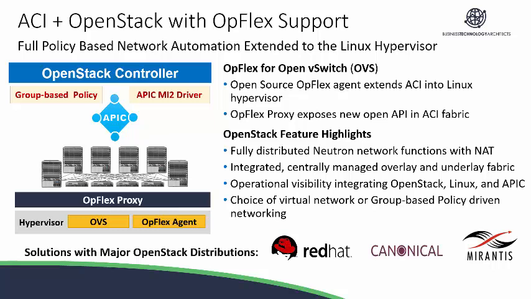That will extend the OpFlex agent from ACI into the Linux hypervisor. And the feature highlights are fully distributed Neutron network functions with NAT, integrated centrally managed overlay and underlay fabric, operational visibility with OpenStack, Linux, and APIC, and choice of virtual network or group-based policy-driven networking.